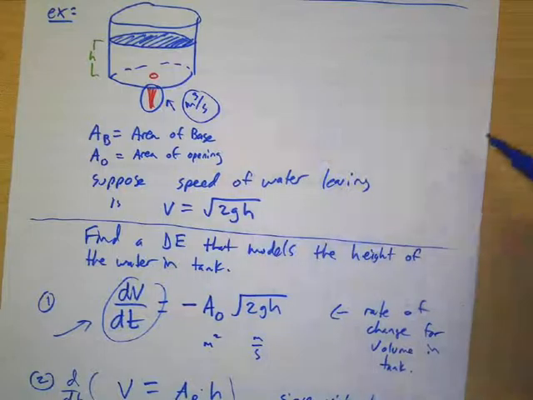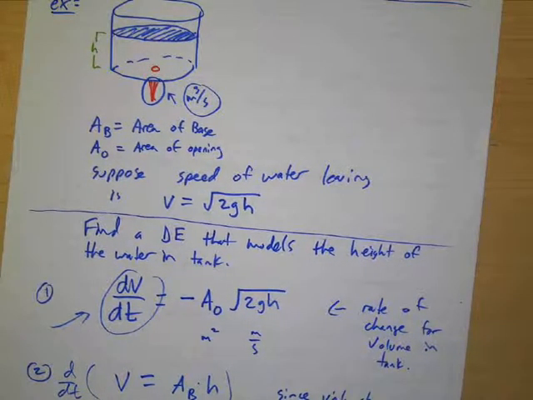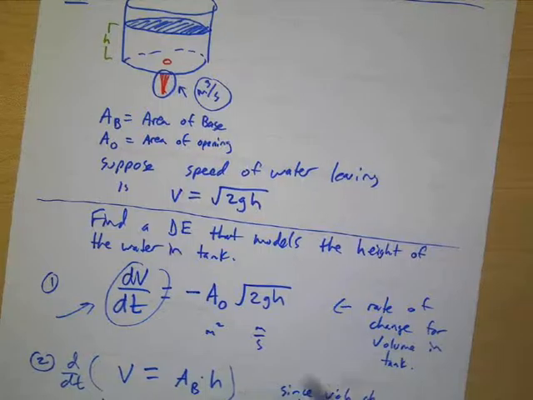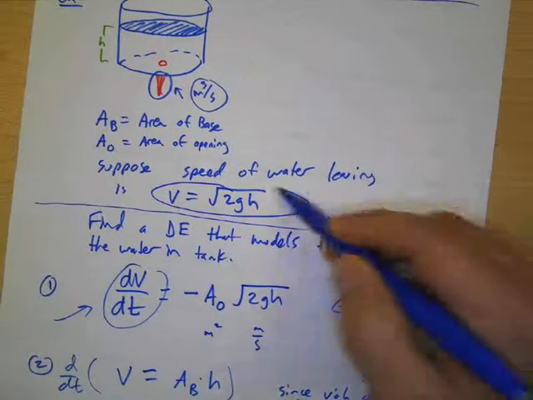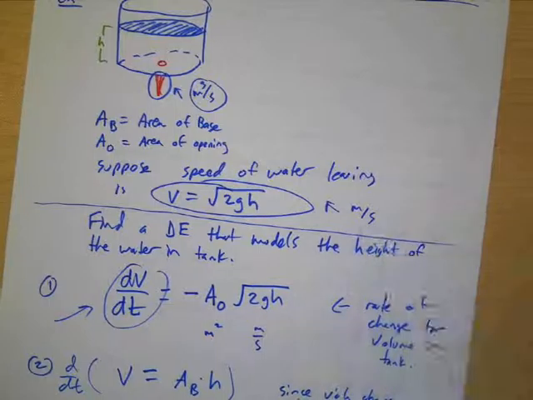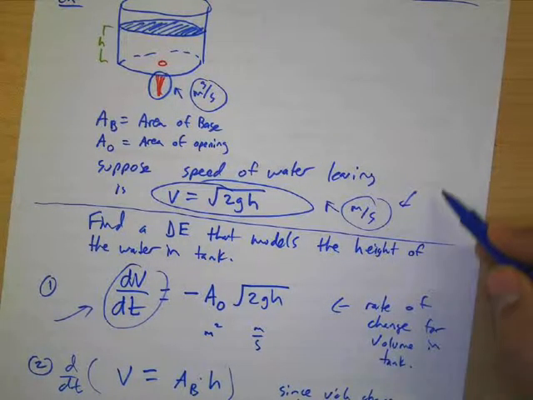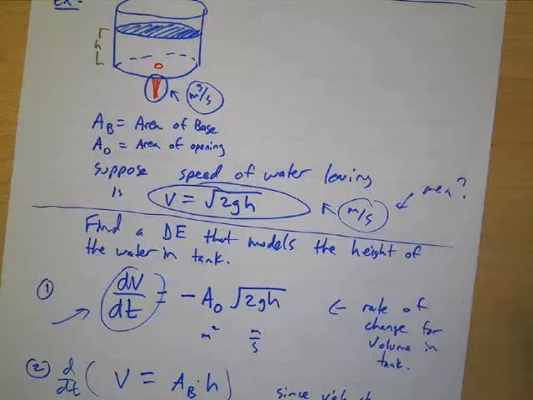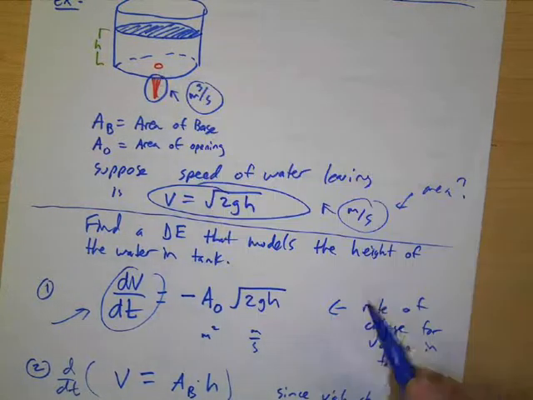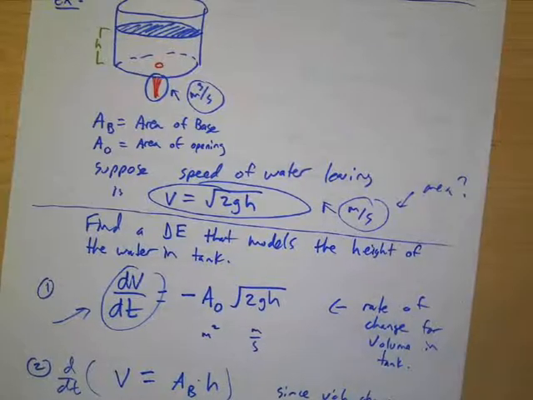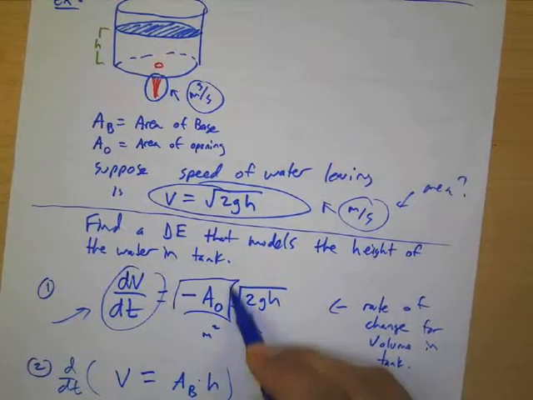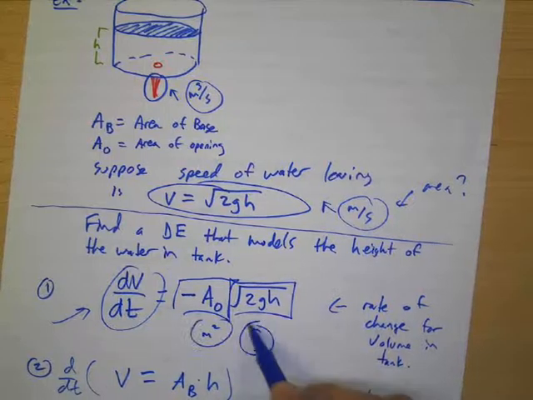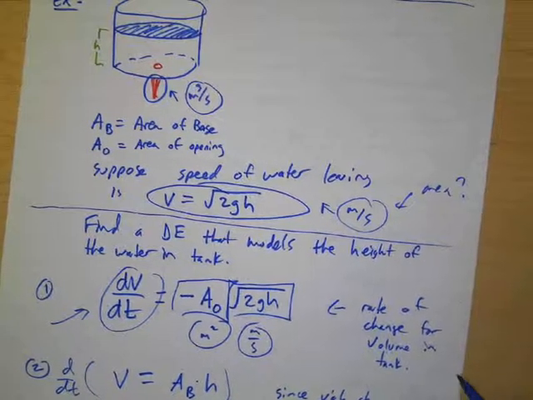Well, I know the rate at which the water is leaving, because that's given to us, right? Let's say that's in meters per second. So then the only thing I need now is basically an area. Because if I multiply the area with meters per second, that'll give me the amount of water that's leaving per second. Does that make sense? So that's area right here, and then speed gives you a rate of change for volume.